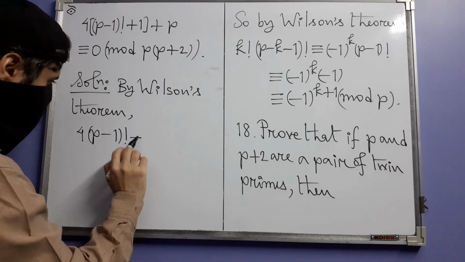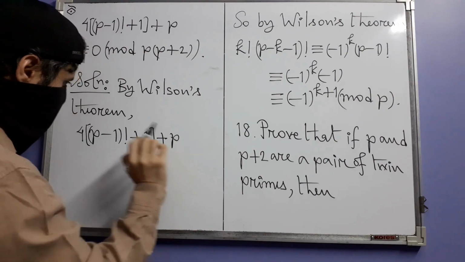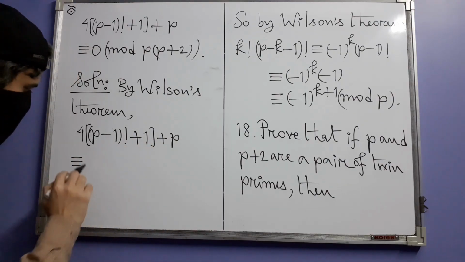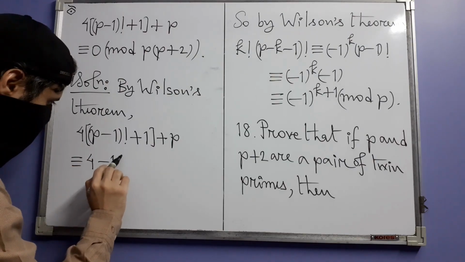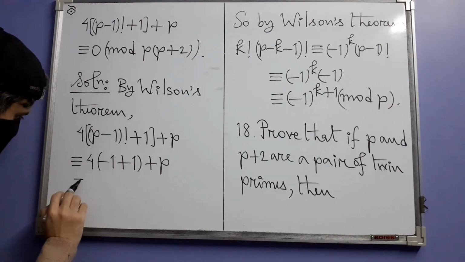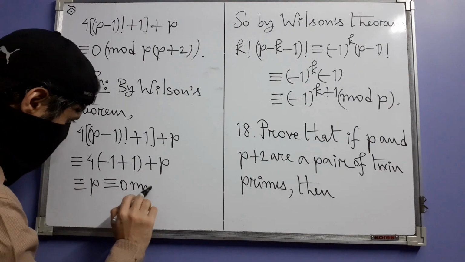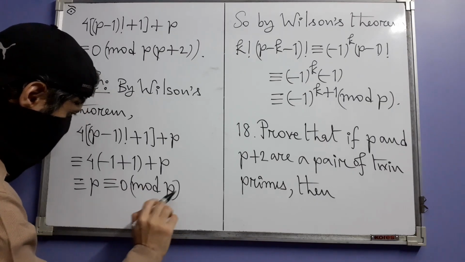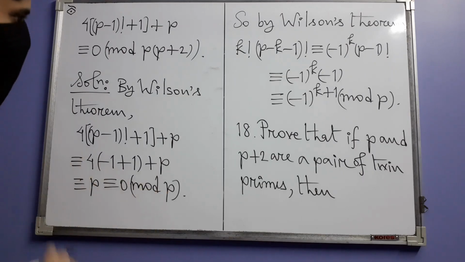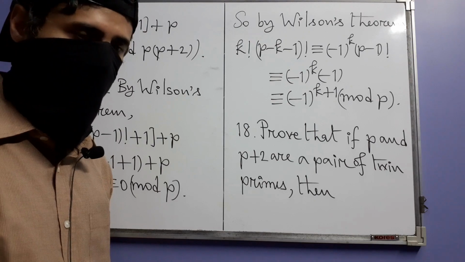So for the prime p, we straight away get something from Wilson's theorem. So p minus 1 factorial is congruent to minus 1. That means this is congruent to p, which is congruent to 0 mod p. So whatever congruence we want, we actually have that for the modulus p. Now next comes the modulus p plus 2.